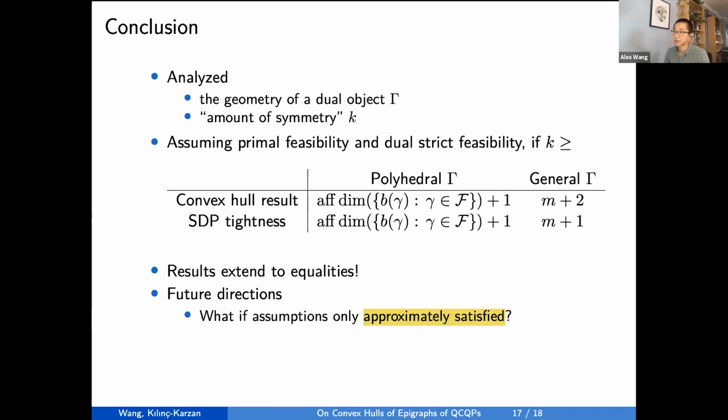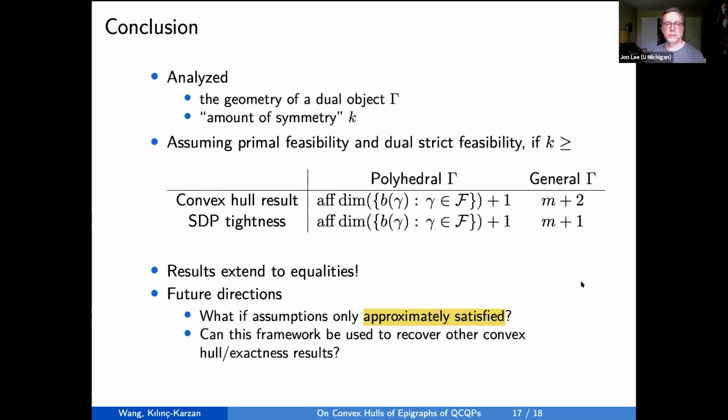So a good question is to try to understand whether we can relax our conditions if we relax our goal. If our goal changes to an approximation version of this result instead of SDP tightness, and we're satisfied with some approximation to the non-convex value, can we relax our assumptions?